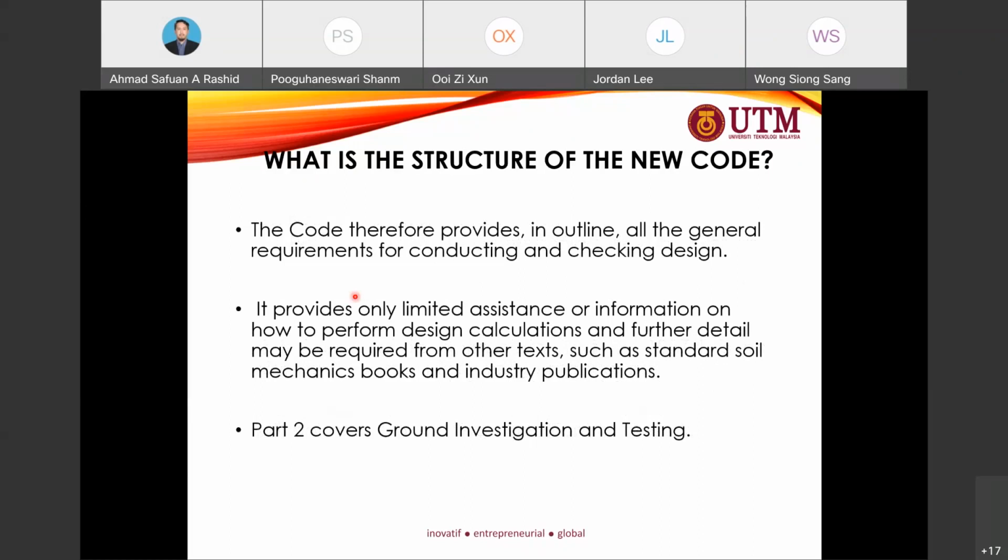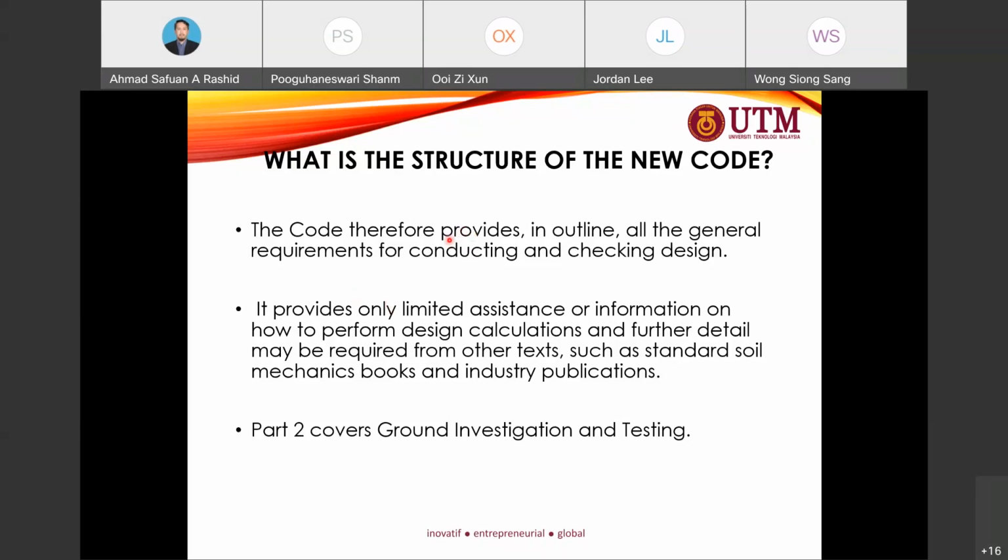When I refer to the MS 1997, it only has 21 pages, so it's not very thick and it's difficult to understand by relying only on this standard. That's why I provide you the reference book, where we can understand more deeply how to design by using EN 97.